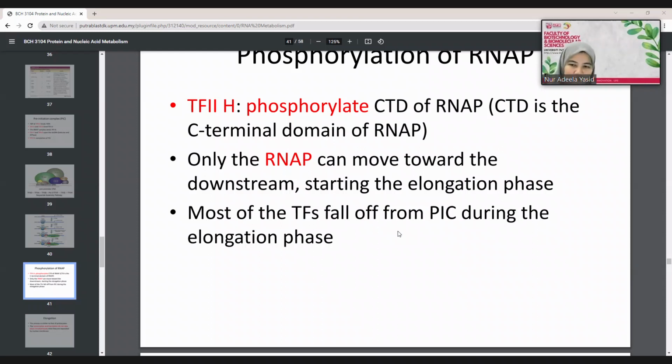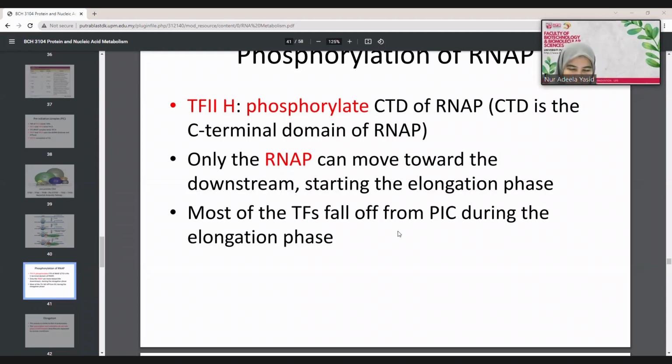That's why we want phosphorylation of the C-terminal domain, so all the other factors need to be removed from the RNA polymerase. How is it removed? By promoter melting, by hydrolysis of ATP.